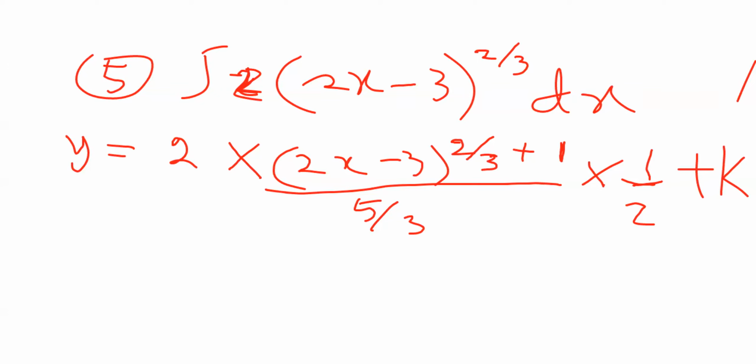And we're left with (2x minus 3) all raised to power 5/3, all over 5/3.